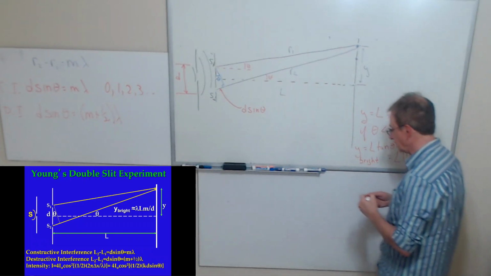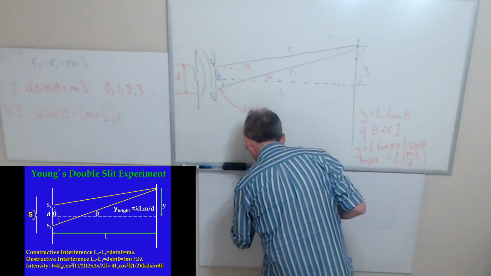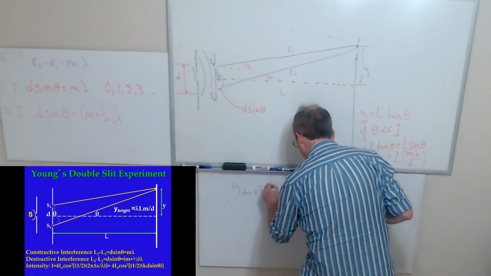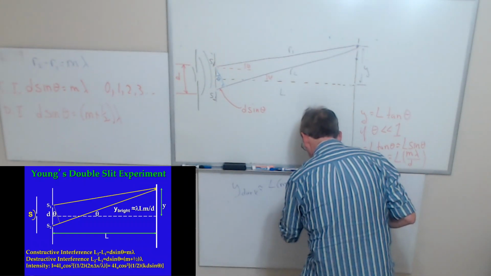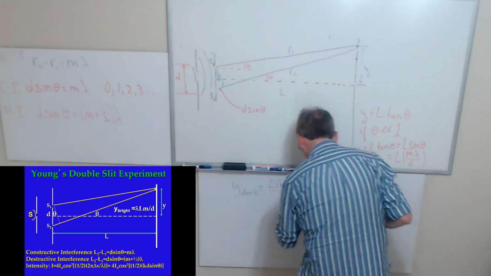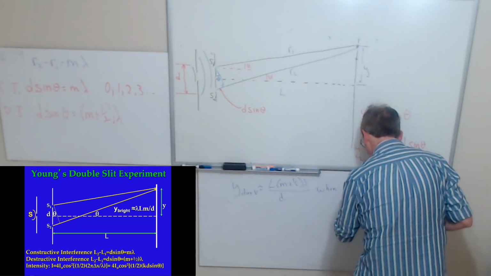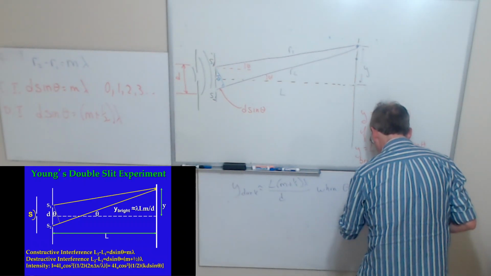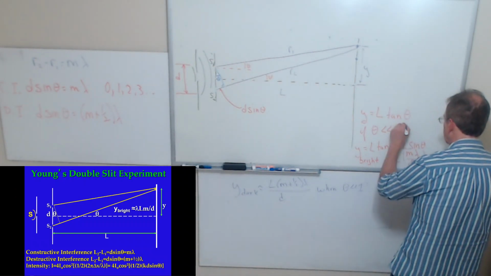For a dark spot, that's going to be equal to L (m plus 1/2) lambda over d when theta is much, much less than 1 degree. I'm just saying 1, sorry. Actually, yeah, 1 degree.